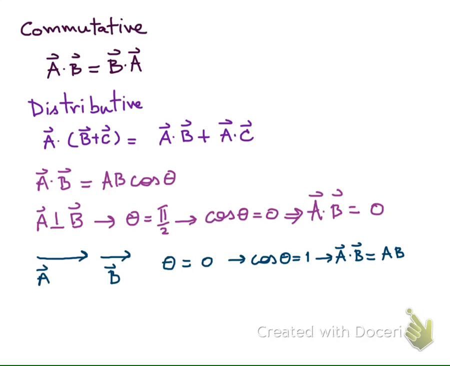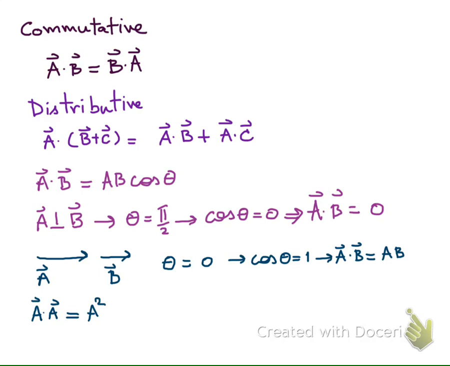Okay. The consequence is that if we calculate A dot A, that is the dot product of itself, it is equal to the square of the magnitude of A.